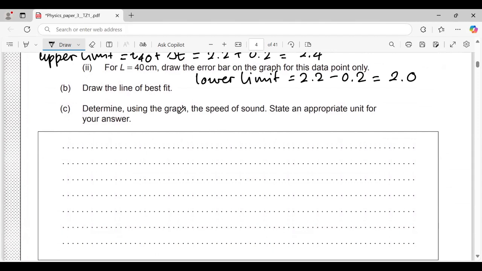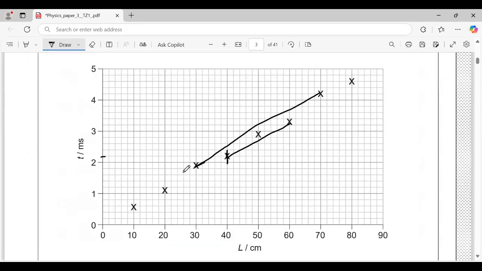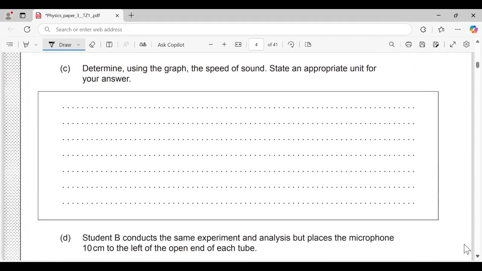Determine using the graph the speed of sound, and state an appropriate unit for your answer. I will be using this point, 30 and 1.9, while this one is 70 and 4.2, right? The gradient of the straight line is t over L, because t is the vertical axis and L is the horizontal axis.